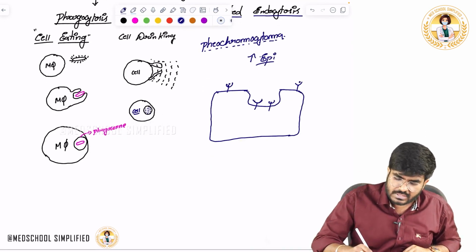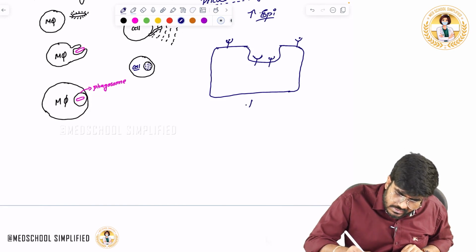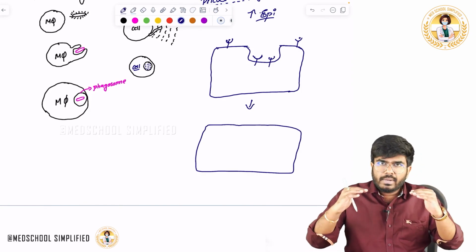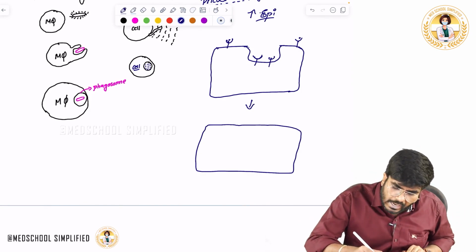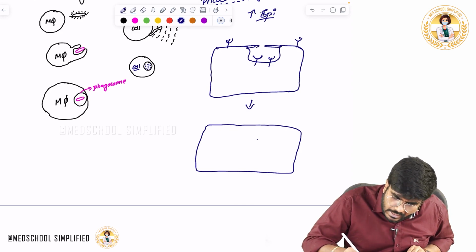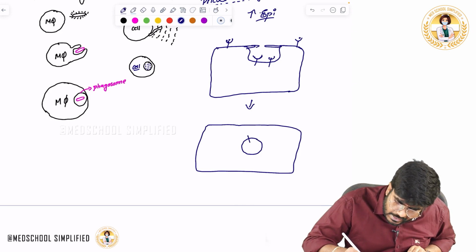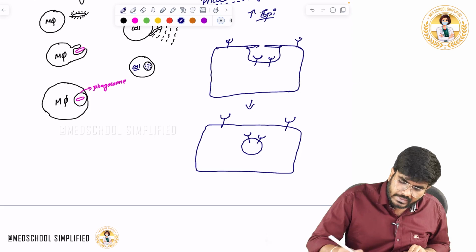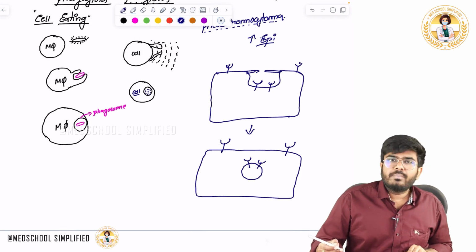Ultimately the cell is decreasing the number of receptors. The membrane was totally invaginated, and ultimately both these ends will fuse, and now you have a vesicle with these receptors. So what happened to the number of receptors on the cell surface? Decreased. From 4 it became 2.